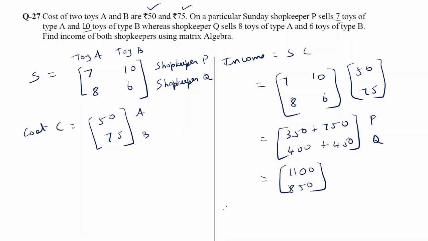Therefore, income for shopkeeper P is rupees 1100 and for shopkeeper Q is rupees 850.